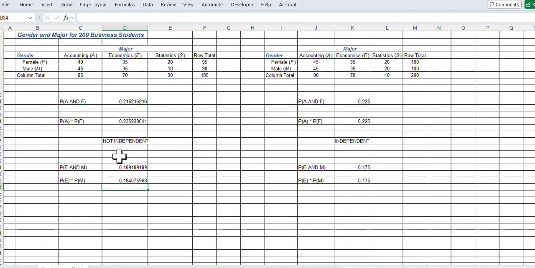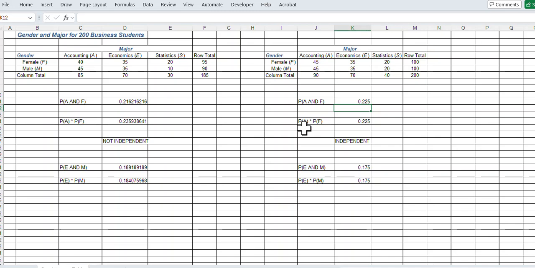So to prove what I'm doing, I decided to take another example with different numbers in here to see if the concept of independence works. And it does, because if I take the same thing, A and F here, accounting and female, divided by the grand total, I get 0.225.